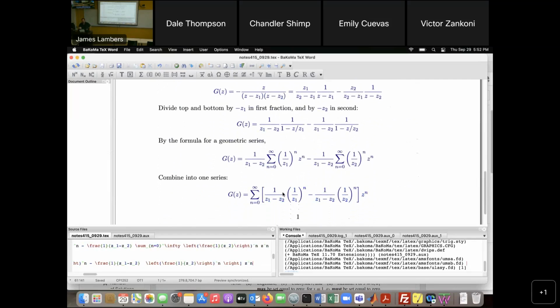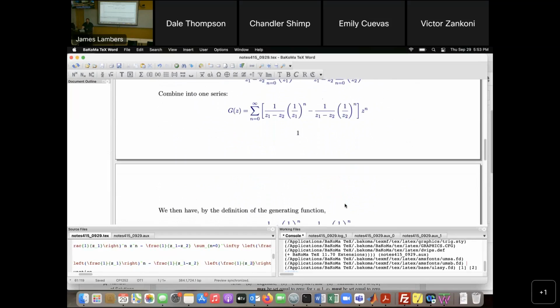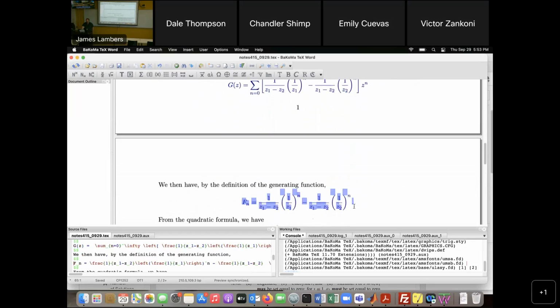In other words, fn must be equal to this. And that's what I have here. So this is my first formula, an explicit closed form expression for Fibonacci numbers.